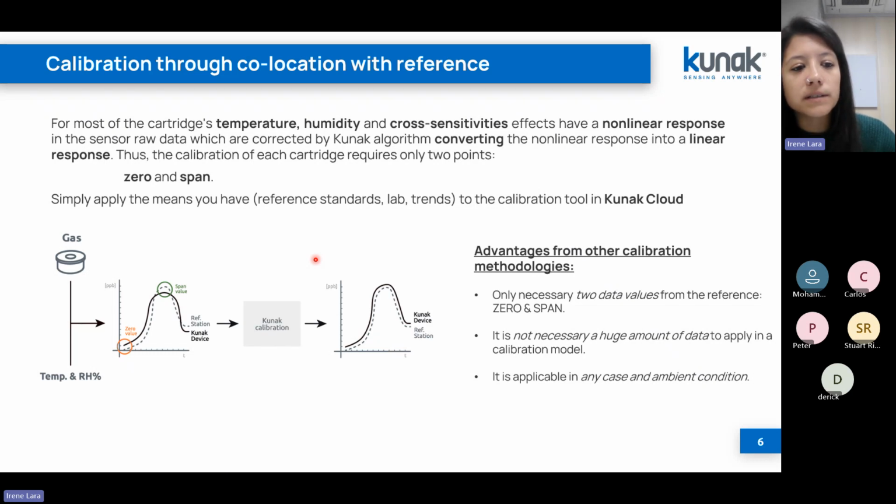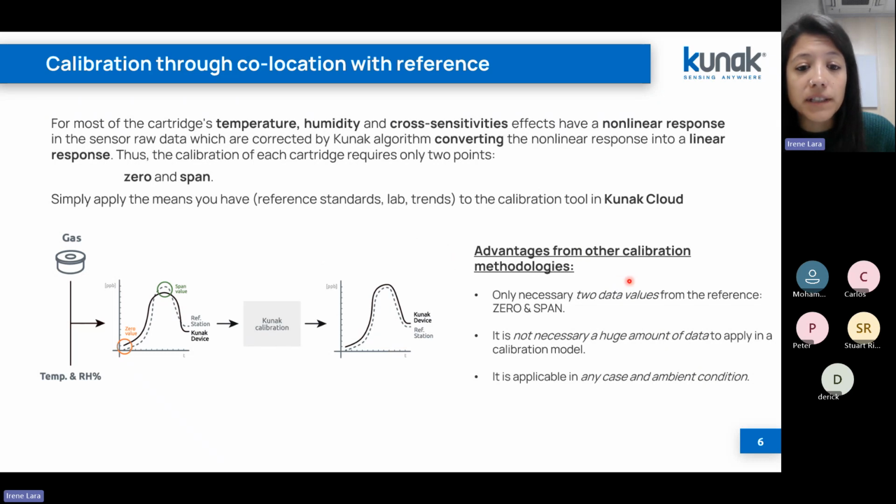The main advantage of doing this is that in order to calibrate the cartridge, we require only 2 points. That is the 0 and span. Okay, so 0 the baseline and span the sensitivity.